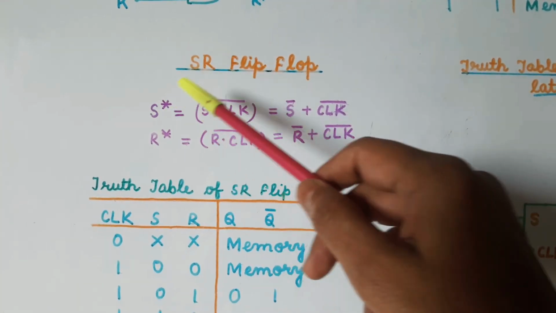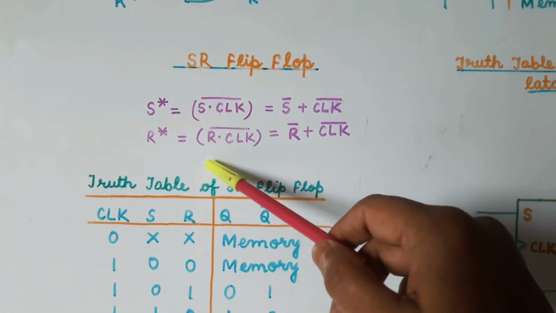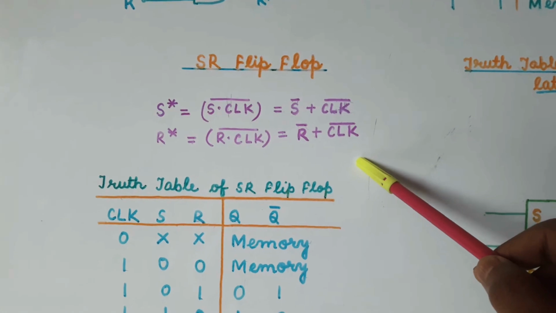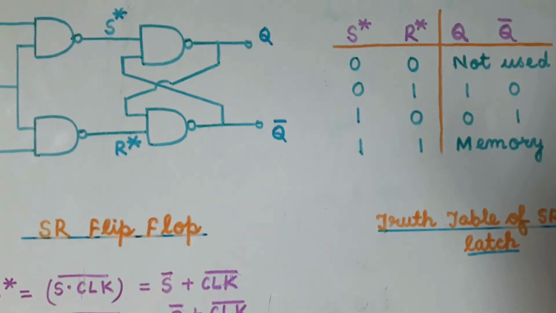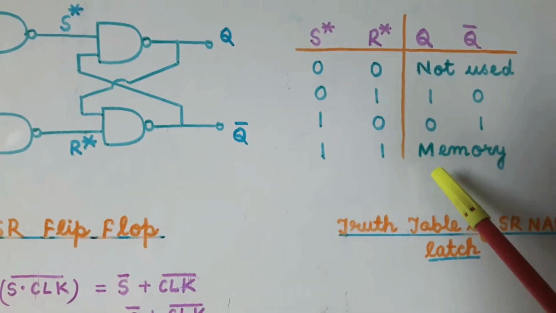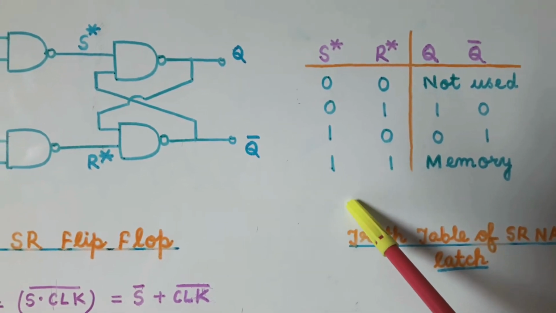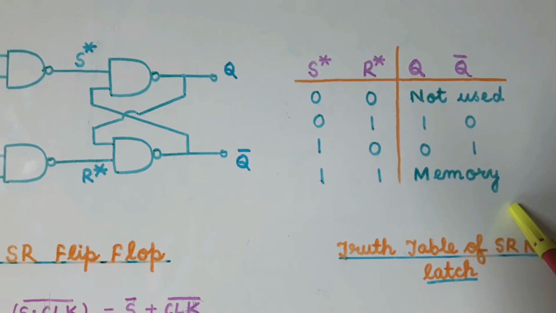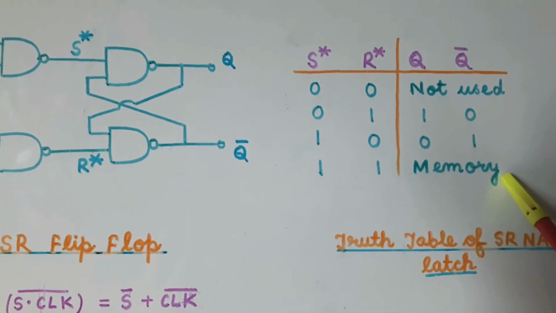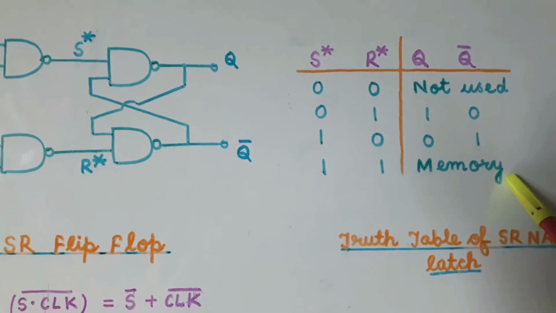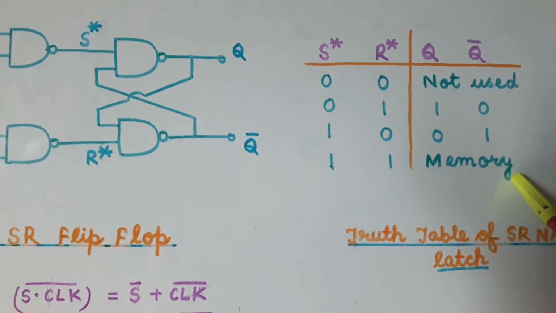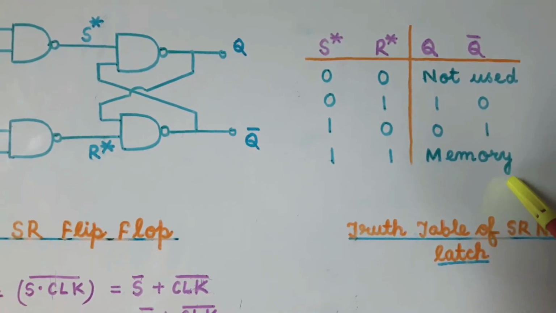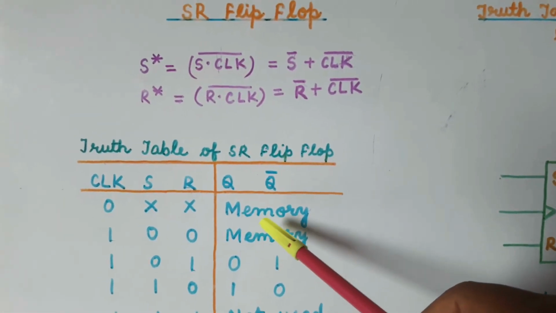So the value of S star will be equal to 1 and R star will also be equal to 1. And from the truth table of the SR NAND latch, we find that when the values of S star and R star are 1, then we are getting the memory. That is, whatever the previous state was stored in the flip-flop or the latch, it will be there. So we can write this as memory.